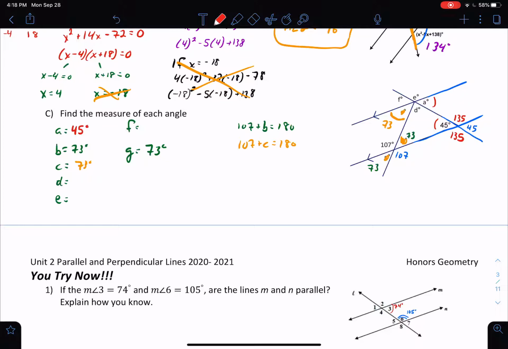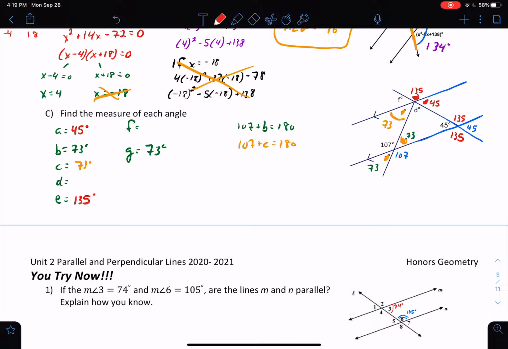E has to be corresponding with that 135. So E is going to be 135 degrees. A is 45. E is 135. We're getting there, slowly but surely.